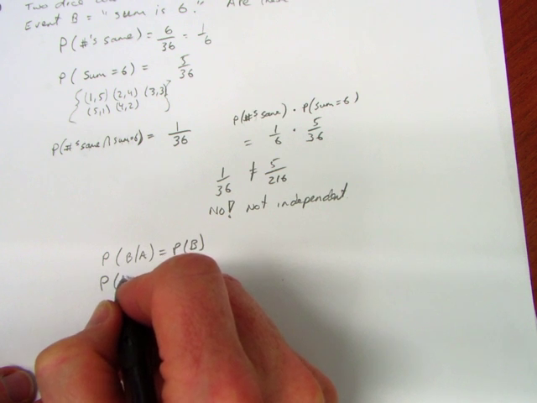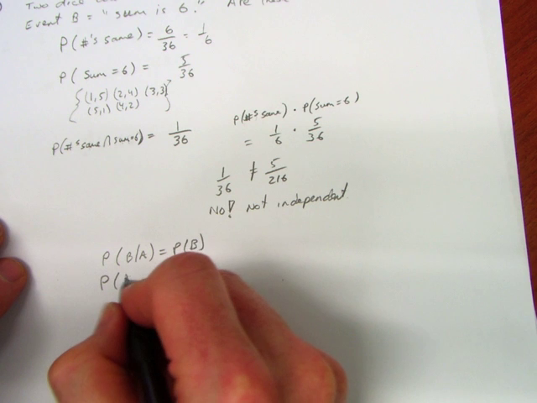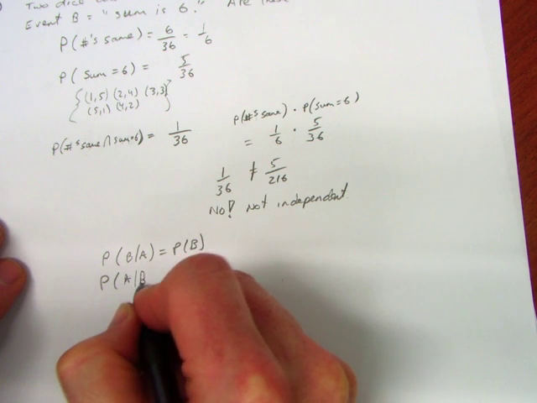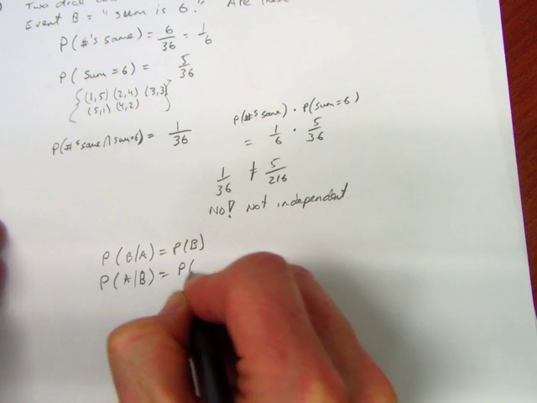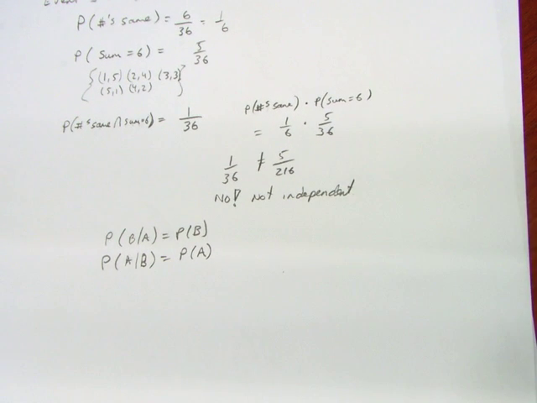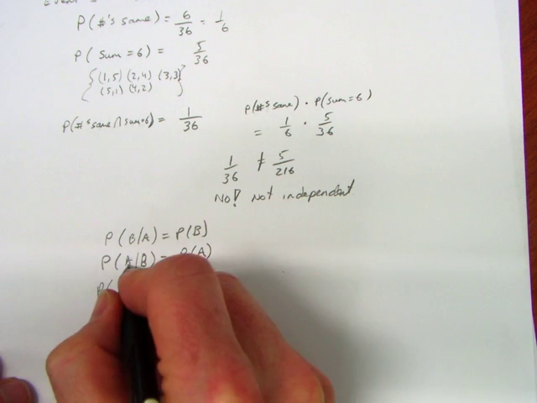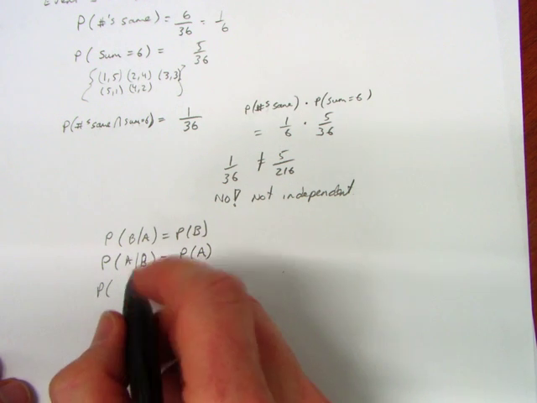I could say also the probability of A given B equals the probability of A. I'm just writing that because it doesn't matter what we call set A and B. We just need to say the probability of one given that the other one has happened.